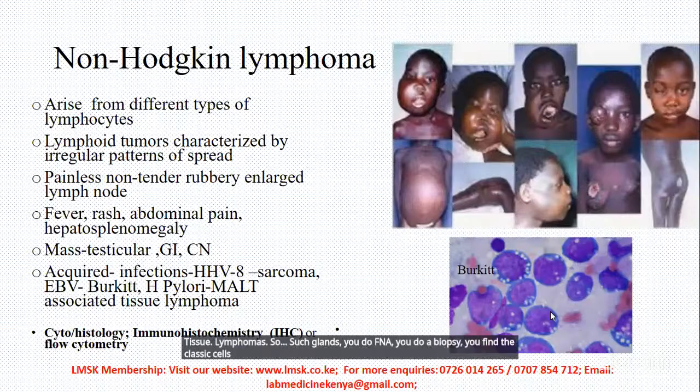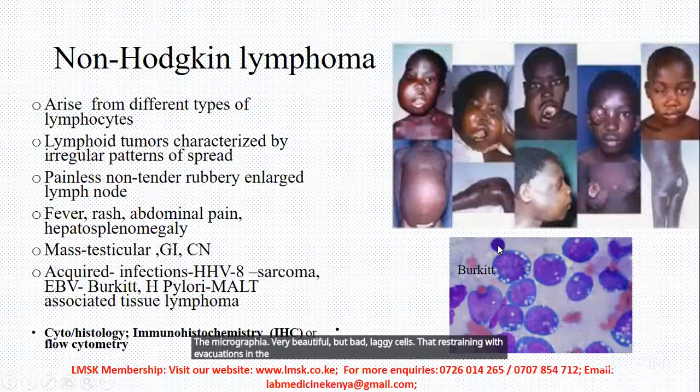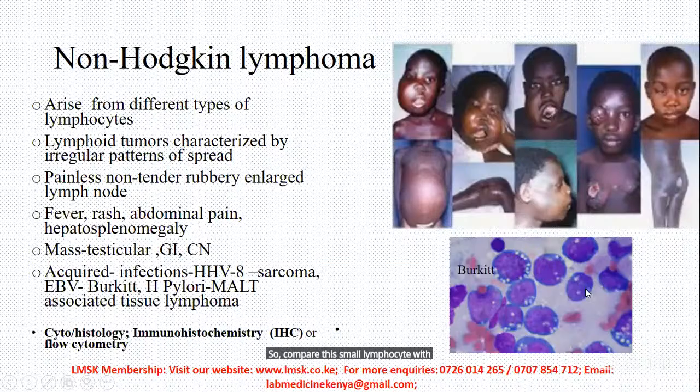The ones I've put here in the micrograph: very beautiful but bad large cells, darkly staining with vacuolations in their cytoplasm. Very characteristic, you won't miss it. So compare this small lymphocyte with this abnormal lymphocyte that has cancer, they don't match. So we should learn to check on smears.